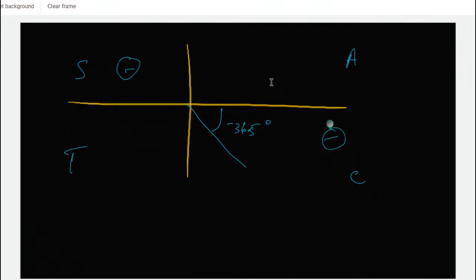So it could be either this angle, if you do tan of minus 36.5, you will get this answer, or tan of this angle, 180 minus 36.5. They'll both give you the same value. So try it right now, tan minus 36.5. I get that. I just don't know when do we use this side, and when do we use this side?